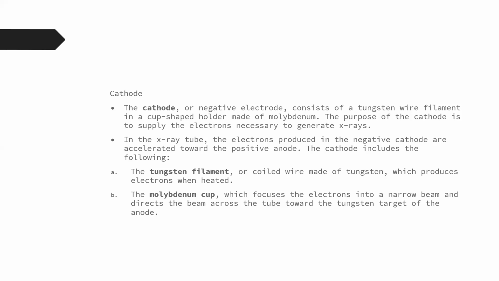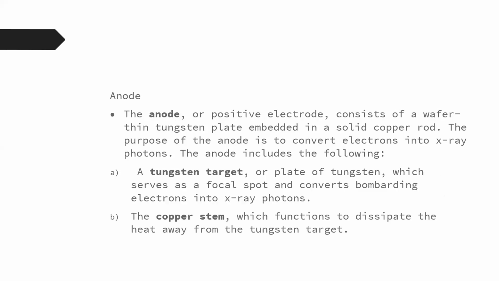Right? I just briefly explained this earlier. Then there's the anode. This is the positive electrode, and it contains a wafer thin tungsten plate embedded in a solid copper rod. Right? So the purpose is to convert these electrons into X-ray photons.